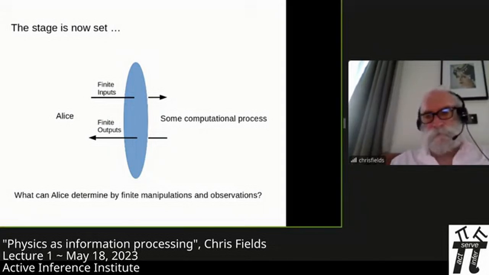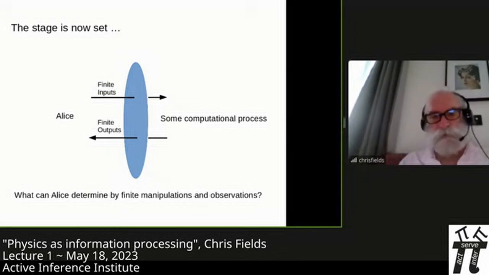And the user interface just allows some finite action on the system and then the ability to observe some finite response by the system. So we can now ask, what can Alice determine by acting in some finite way and then making some finite number of observations, i.e., receiving some finite number of outputs from the system that she's acting on?